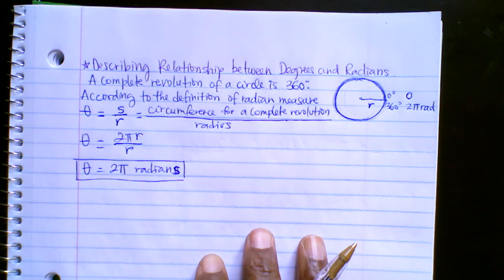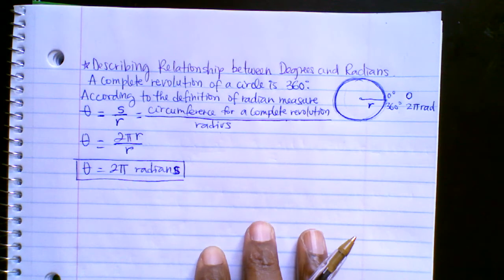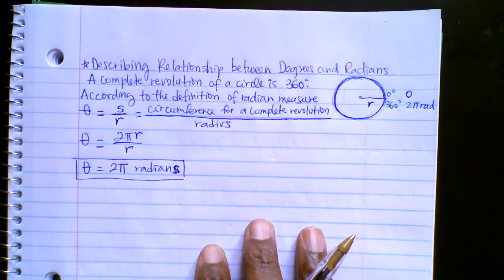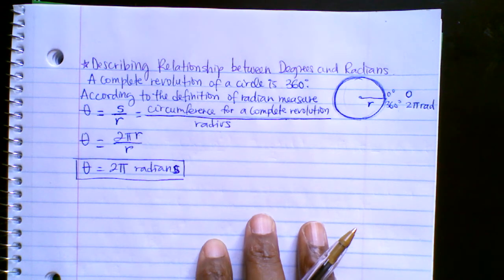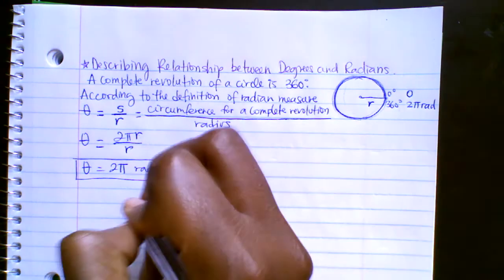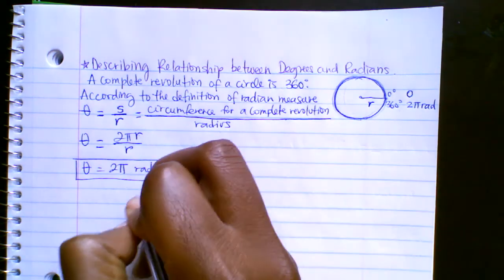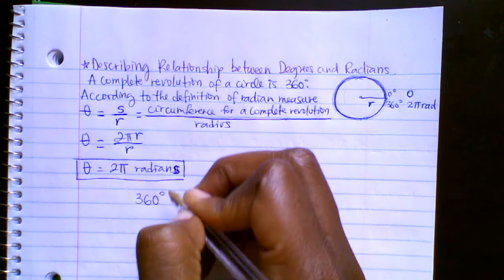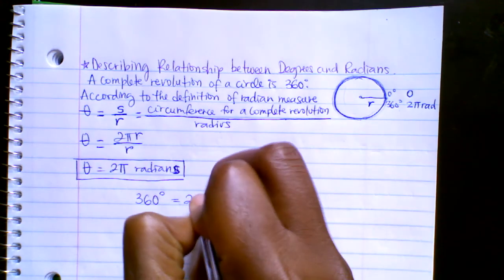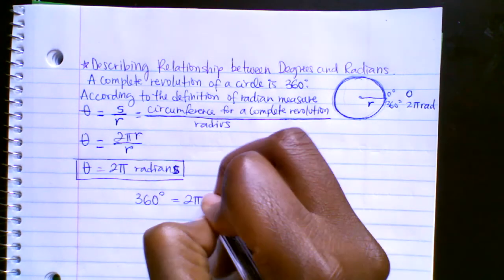So we can conclude the relationship that 360 degrees is equal to 2 pi radians.